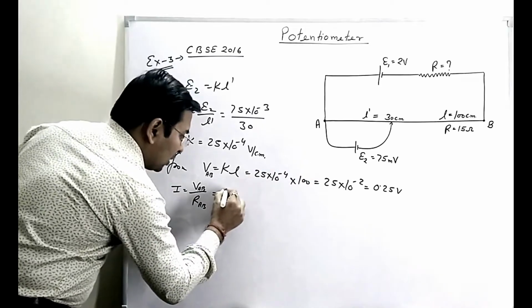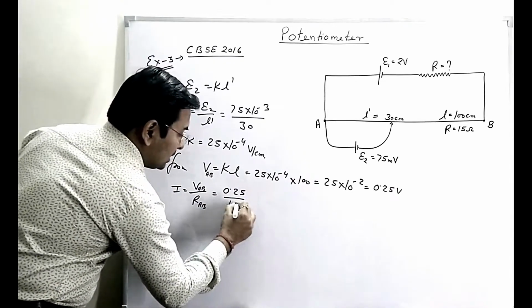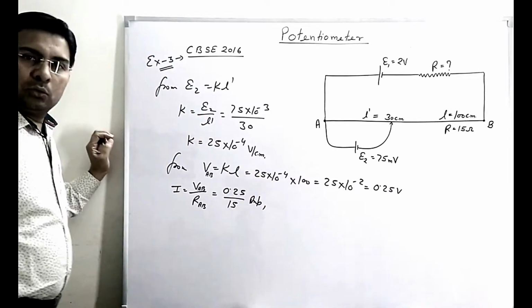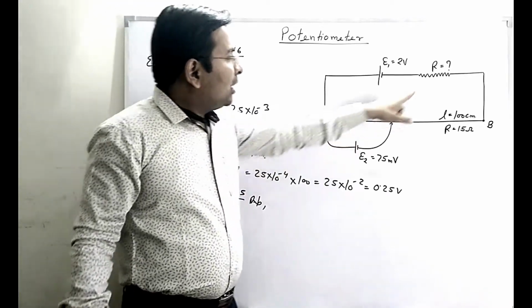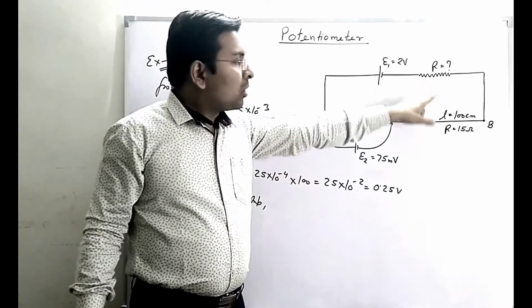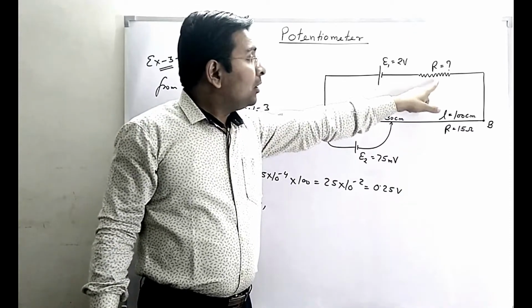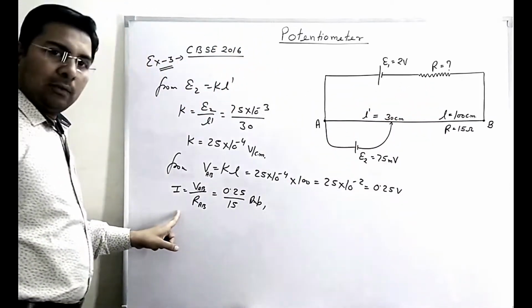Now the potential of the wire AB is 0.25 volt and the resistance is this 15 ohm. So this is the value of current flowing through the circuit. Now the same current will flow in this resistance because the two are in series combination. Sorry, now we have calculated the value of current from here.